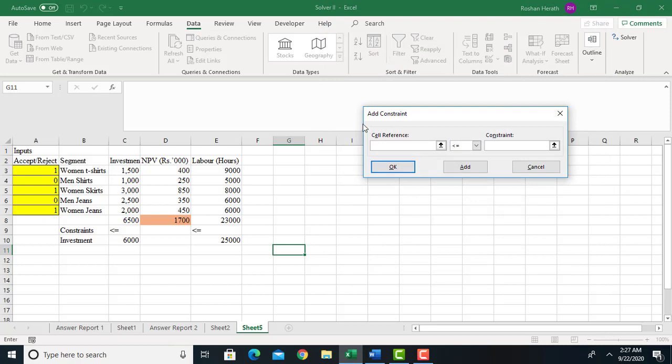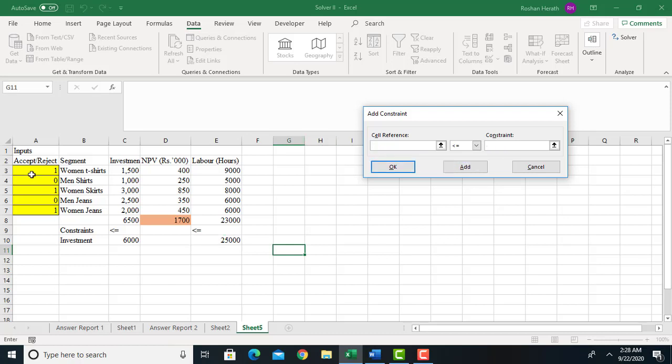The first constraint is that the investment usage must be less than or equal to the availability, and the labor hours usage must be less than or equal to the availability.